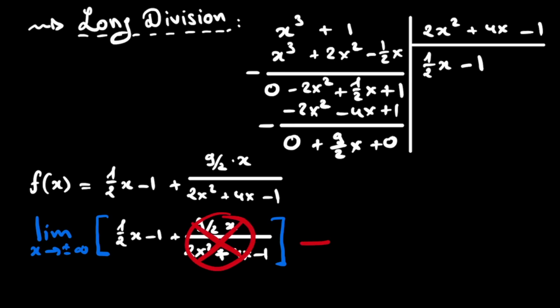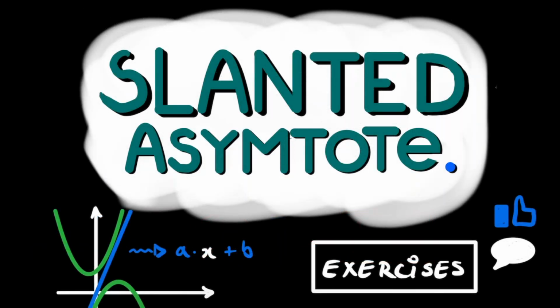And what we are left with then is this 1/2 x minus 1, which is of course the equation for our slanted asymptote for this final function. And this brings us to the end of this video, and I hope that you're now able to look at a function and see whether it has a slanted asymptote in an eye blink, and if it does, to find the slanted asymptote's function by using long division.